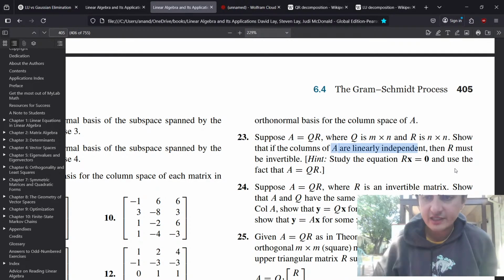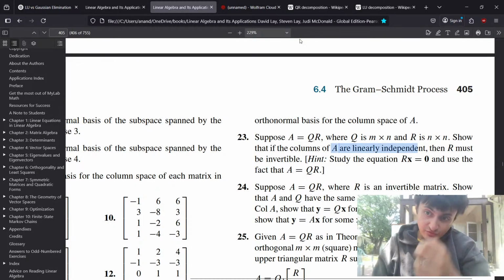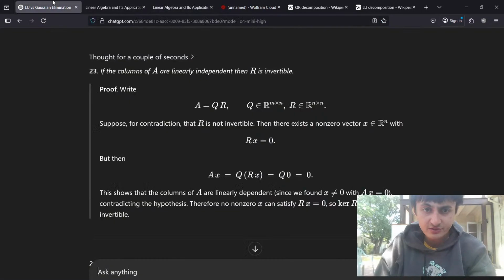That's the thing, are we assuming that R is this upper triangular thing, or are we just saying R is some matrix?